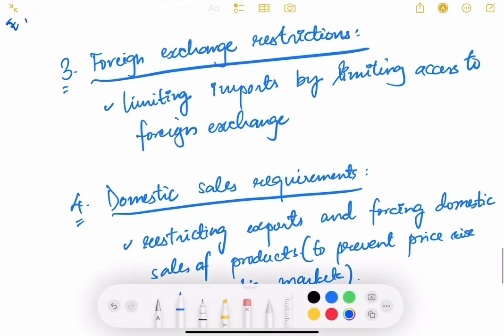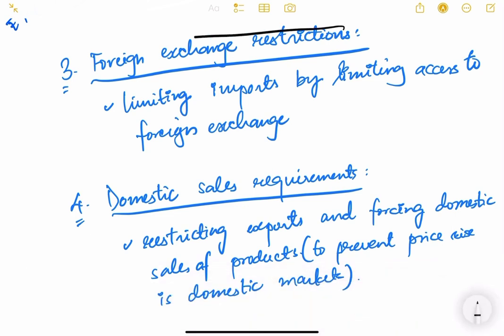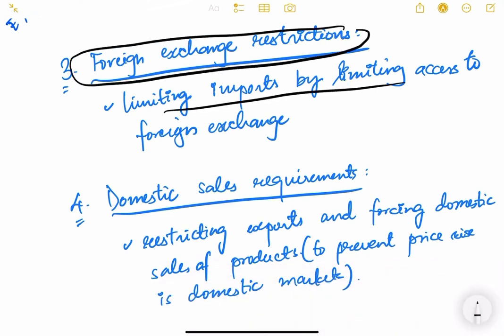The next one is foreign exchange restrictions, limiting imports by limiting access to foreign exchange. So a country's monetary authority cannot put any restriction on access to foreign exchange. For example, if somebody in India wants to import sugar, a country cannot say that we will only allow you to import sugar up to $10,000.